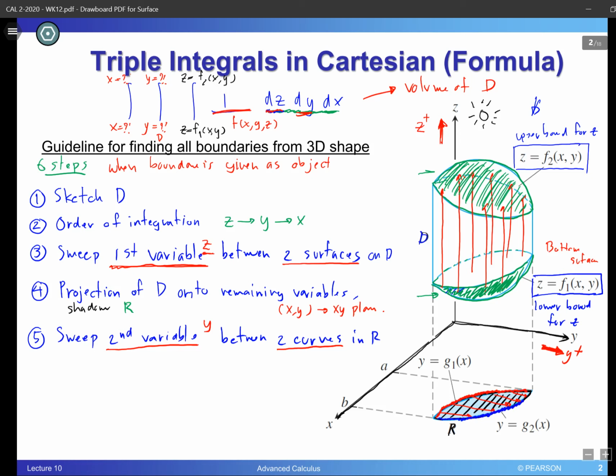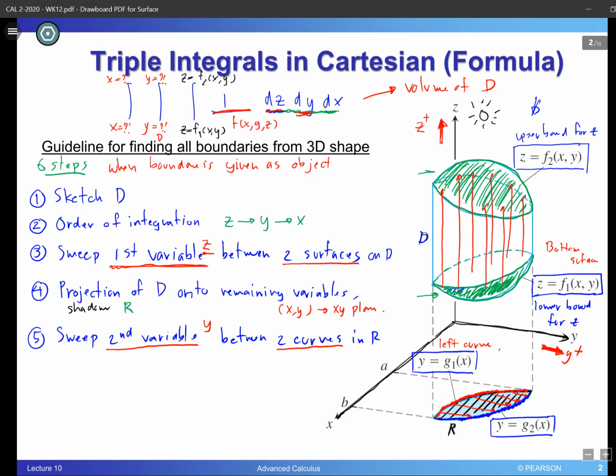Okay, and with a curve like this, you can express it as a function of one variable. The first curve is going to be y equal to g1 of x. This corresponds to the left curve. And this one, sweep to y equal to g2 of x. This is going to be the right curve for this situation.